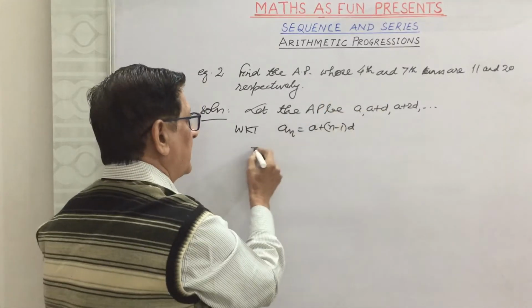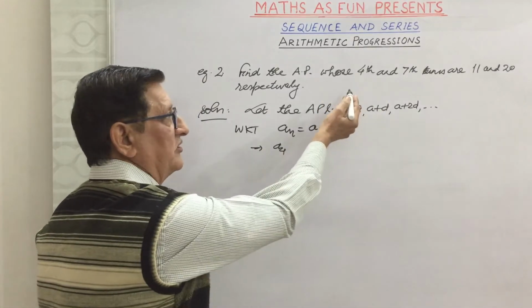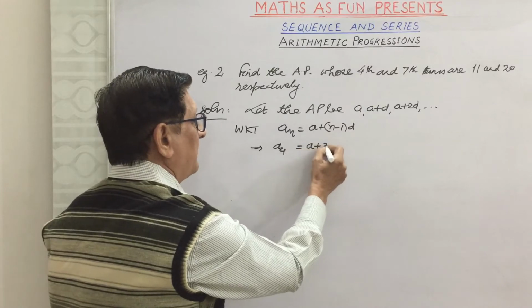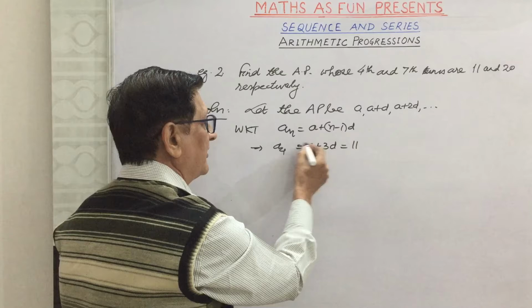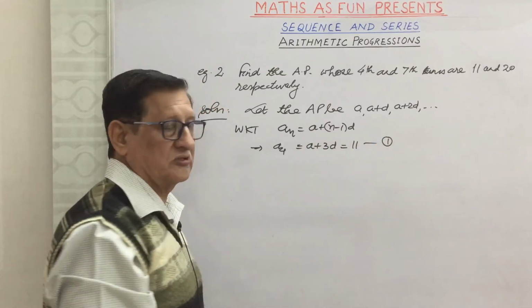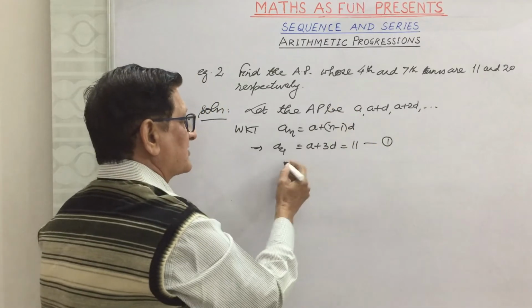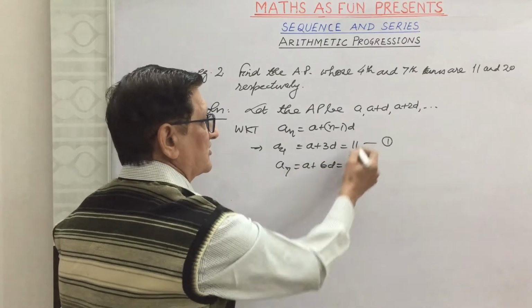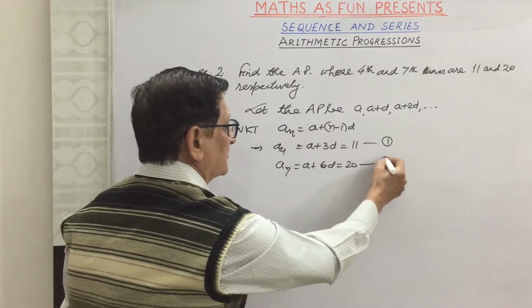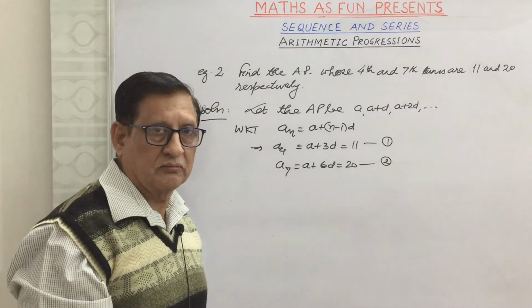It means, what is A4? The fourth term is given here. A4 is A plus 3D, and that here has been given as 11. We can consider this as the first equation. What is A7? A7 will be A plus 6D, which is equal to 20, and we can consider this as the second equation.